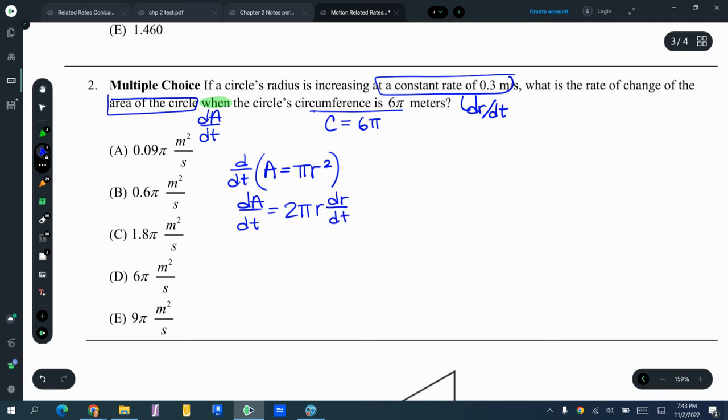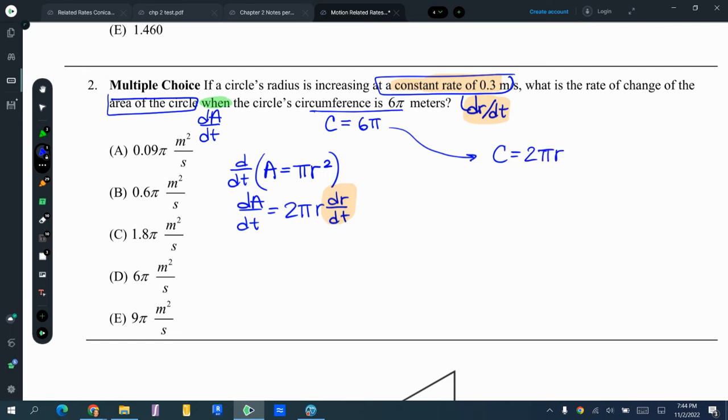Now I know what dr/dt is, and I'm trying to solve for dA/dt. So that means the only thing I don't know is my r. But they told us information about the circumference. So they said, evaluate this when the circumference is 6 pi. So I'm actually going to do a little aside here and say circumference is 2 pi r. And I know that at this particular point in time, the circumference is 6 pi.